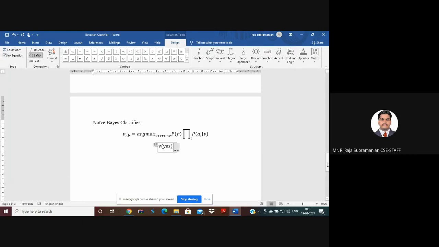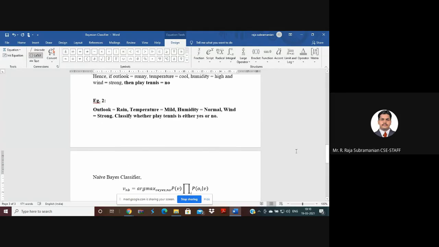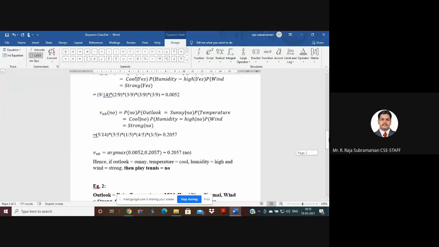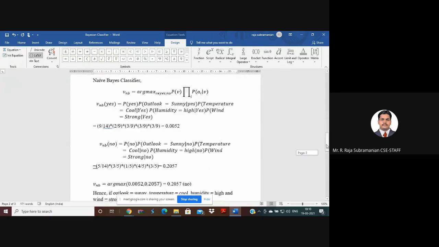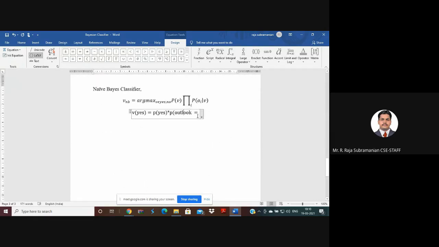P of yes is equal to the probability of yes into the probability of outlook is equal to rain. So first let us write the thing: outlook is equal to rain given yes, next what is the next thing we are given?